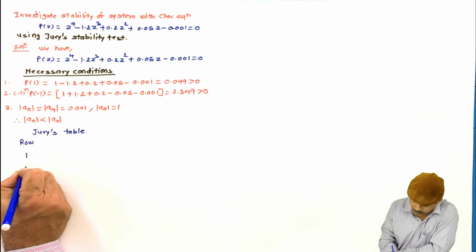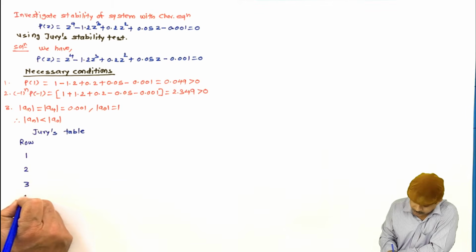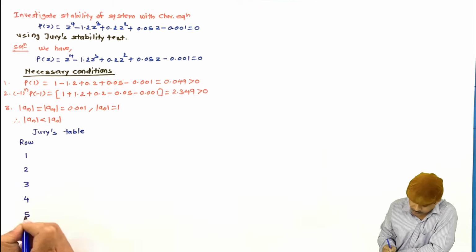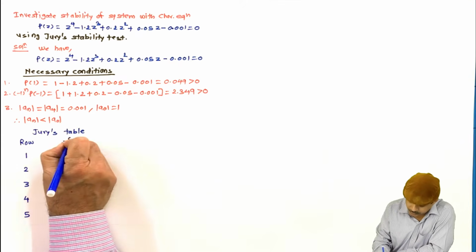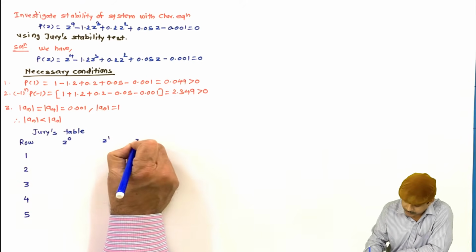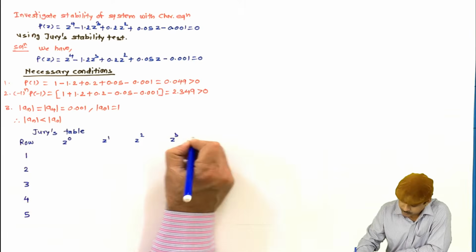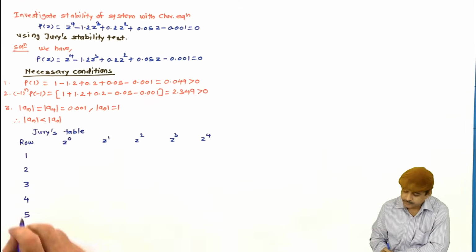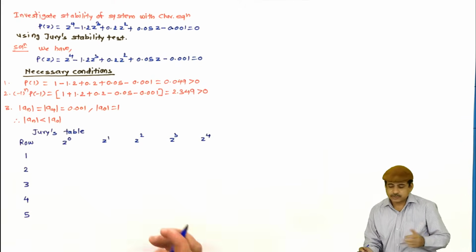Here you will have 5 rows, 1, 2, 3, 4 and 5, and that will be z raised to 0, z raised to 1, z square, z cube, and z raised to 4. And let us put the elements.